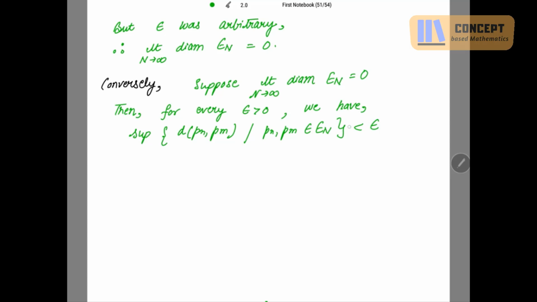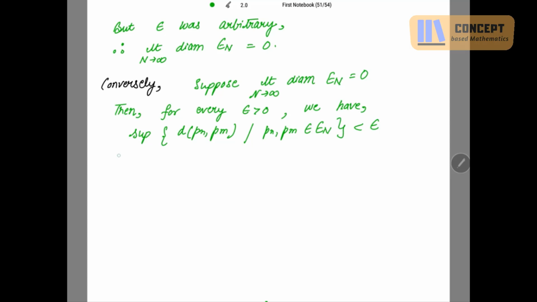And this 0 is strictly less than epsilon because epsilon itself is greater than 0. That means 0 is strictly less than epsilon. And now for any En I take, E1, E2, E3, any En, the supremum distance, can I write this distance is less than epsilon? Yes, all the distances are less than epsilon. Even the diameter, which is the supremum distance of the points of En, is strictly less than epsilon.